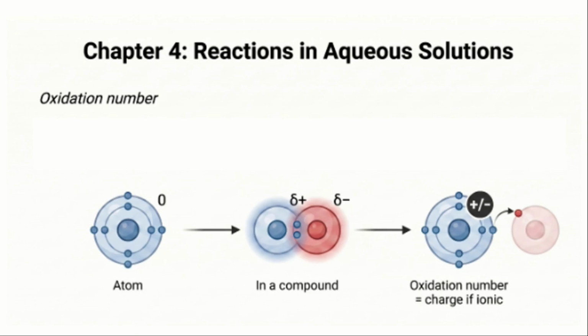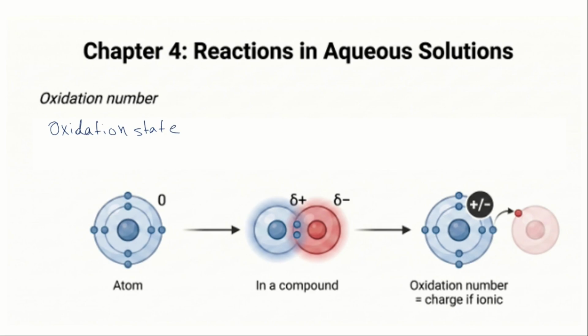An atom's oxidation number, also called oxidation state, here I will write oxidation state, signifies the number of charges the atom would have in a molecule if electrons were transferred completely. Charge of the molecule in the case of electron transfer, a complete electron transfer.